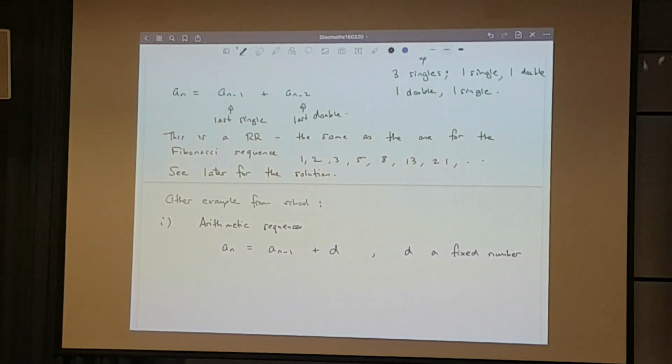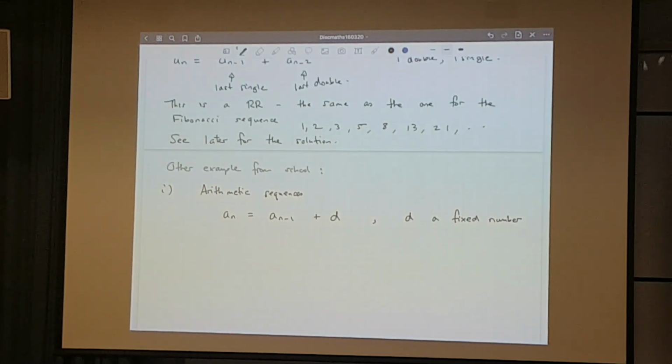Or if you don't know it, it's really easy to work out. By the time you get to a_n, you've added n lots of d, so you get d times n, and then it's plus some constant that depends on where you started, where c is a constant that can be fixed by initial conditions.